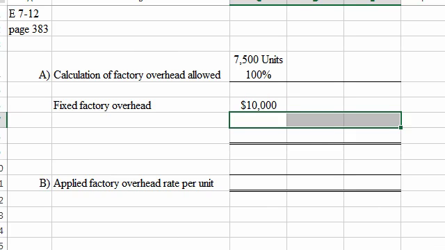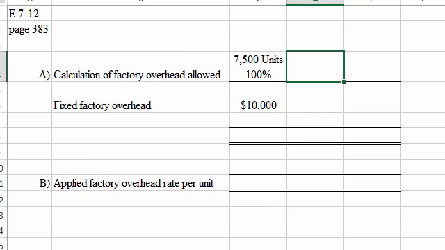Okay, and you're familiar with it. Our fixed factory overhead is going to be the same at every level, but let's put in the next level of production. So for month 1, our production in units went to 7,875.